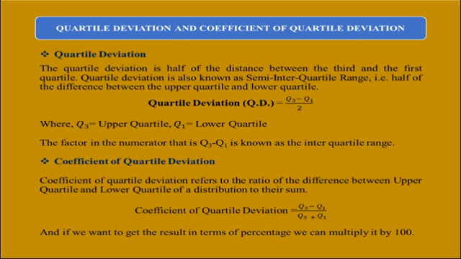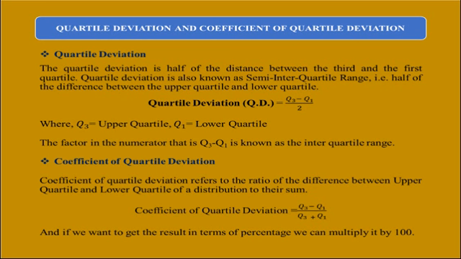The quartiles divide the frequency distribution into 4 equal parts, and there are 3 quartiles, denoted by Q1, Q2 and Q3. Q2, the second quartile, is nothing but the median of the frequency distribution.